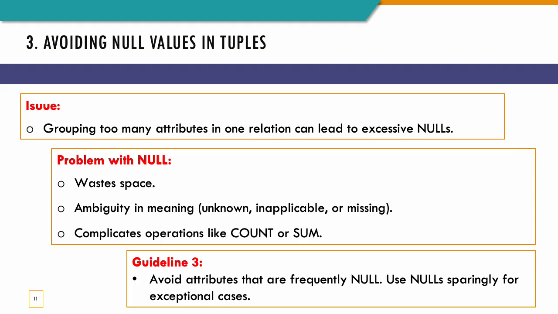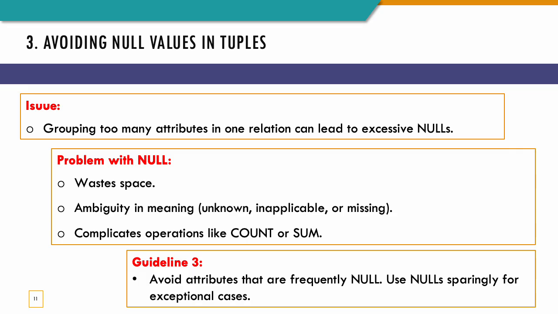So the issue is with nulls. When you put many attributes in a single table, you might have some rows where certain attributes don't have a value. It means they are null. This will create a problem.